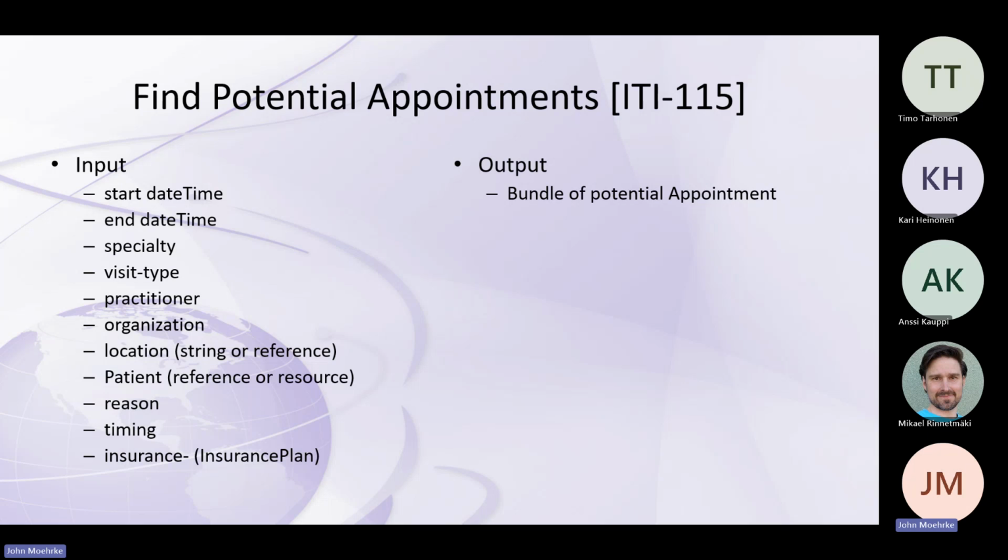Again, it's optional, doesn't need to be done. So the idea is the server takes these, uses business rules, and finds optimal appointment or appointments, and returns the bundle. Now, that does not book the appointment. It doesn't hold the appointment. It just says, hey, these are possible appointments. The client can then look at them.